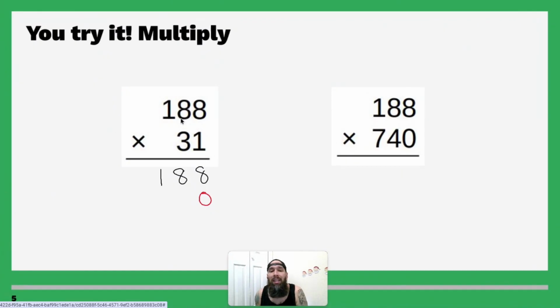3 times 8 is 24, carry over the 2. 3 times 8 is 24. 24 plus 2 is 26. Carry the 2. 3 times 1 is 3. 3 plus 2 is 5. Write out the 5.